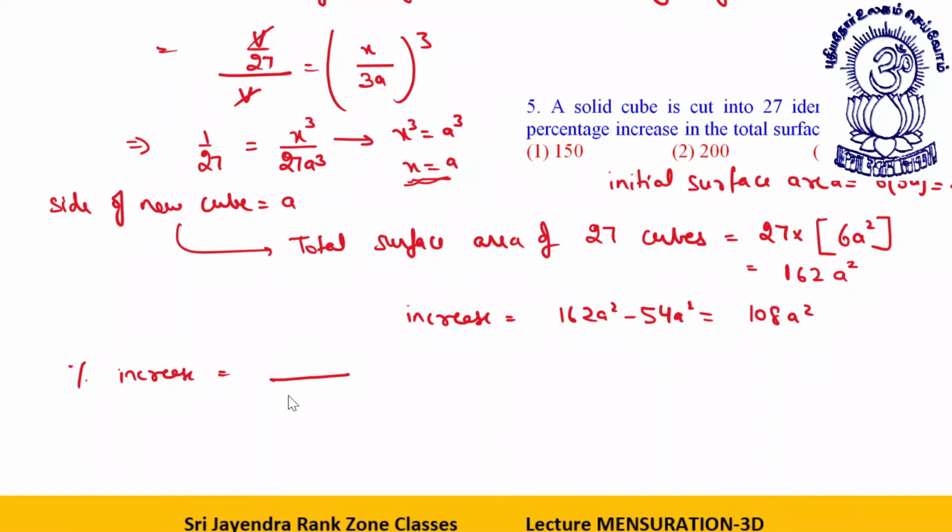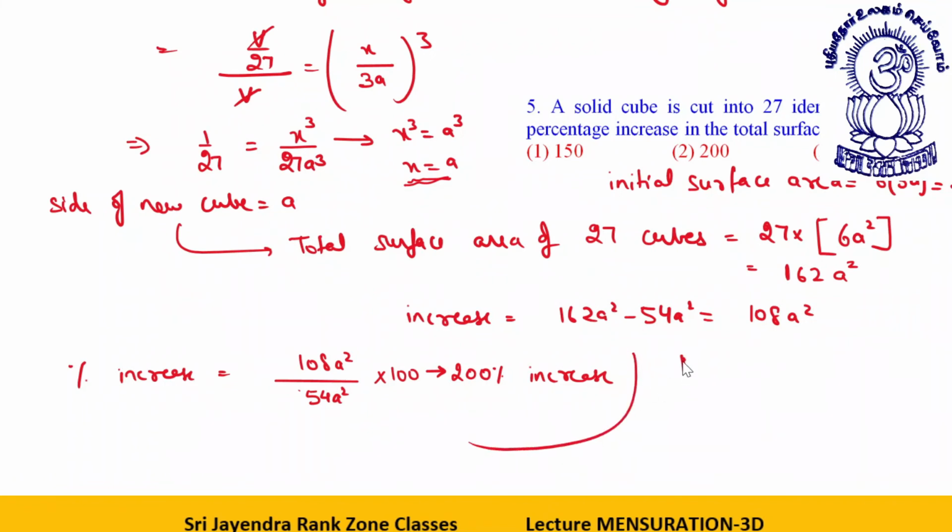Percentage increase is 108a square upon 54a square, that is 200% increase. Clear? Initially it was 100, if you want to make it. This is 200% increase. Dear student, the main thing you need to concentrate on is the division.